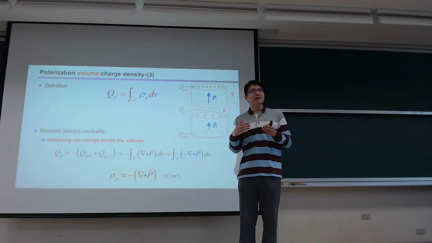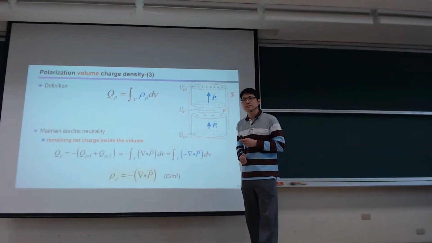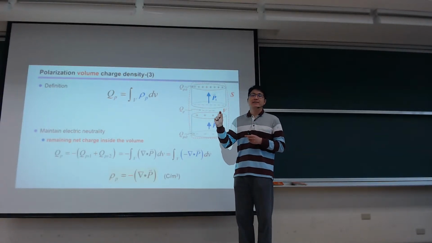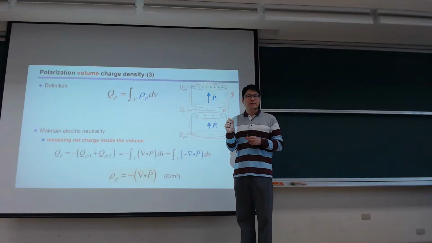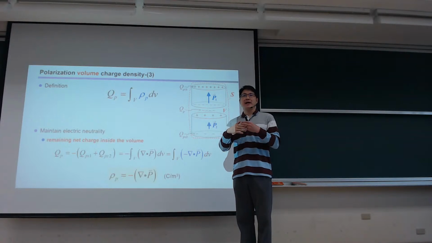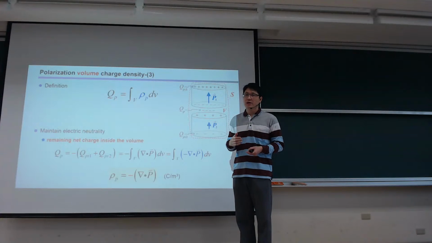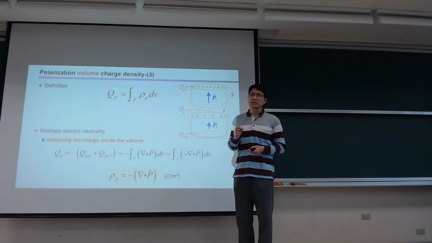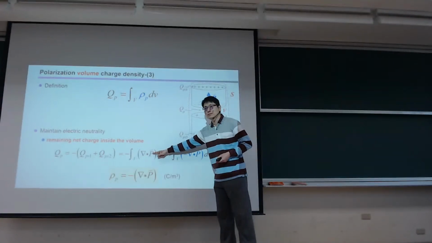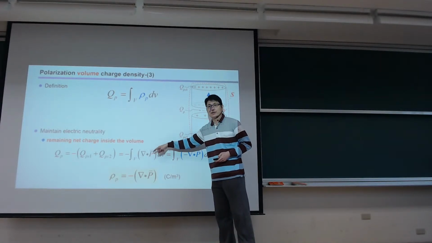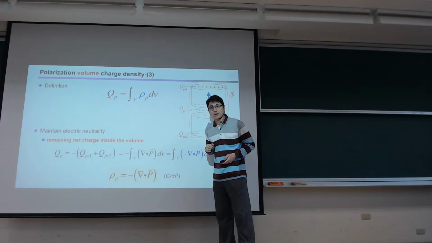Is it making sense? Why do we have a non-zero volume charge density due to polarization? It's because we know that we're dealing with inhomogeneous material. For inhomogeneous material, the polarization vector can be very different for different locations, right?